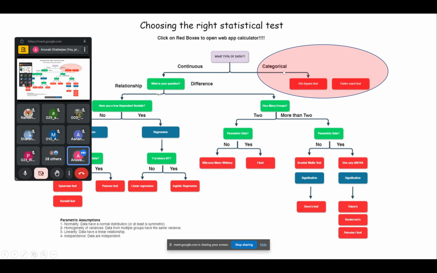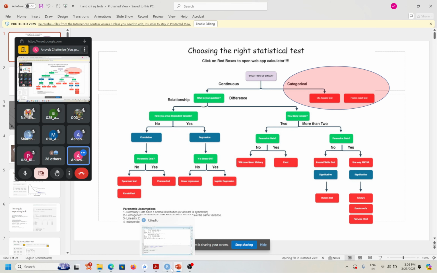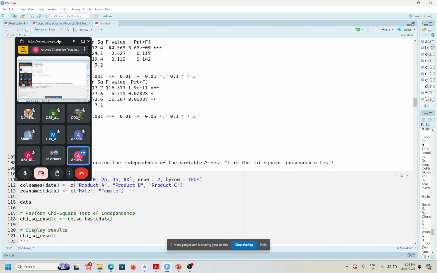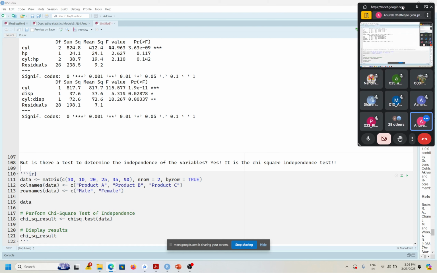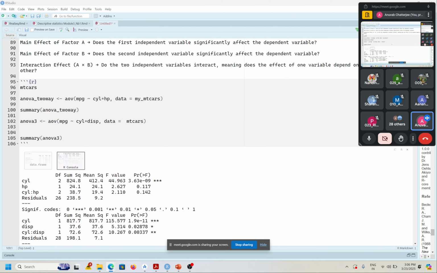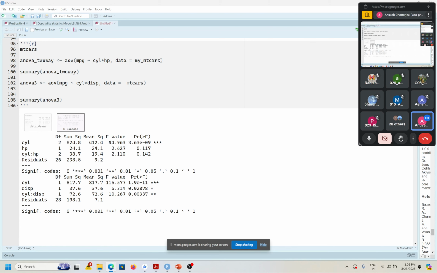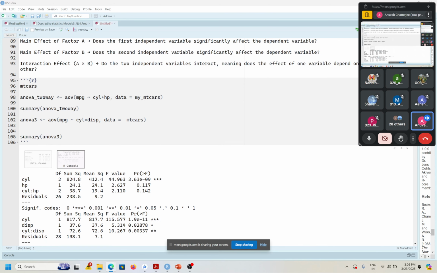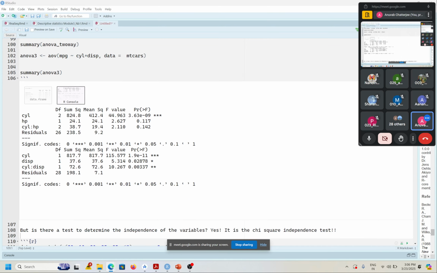So an example would make this more clear. In ANOVA you figured out if mileage depends on either the cylinders of the car or the horsepower of the car.